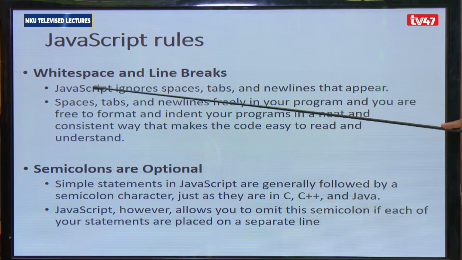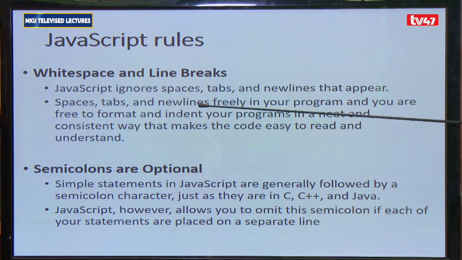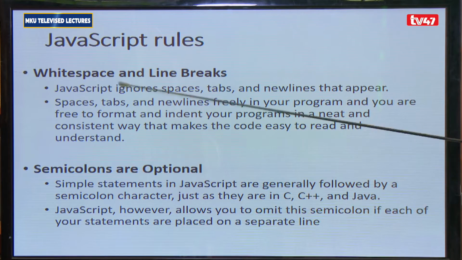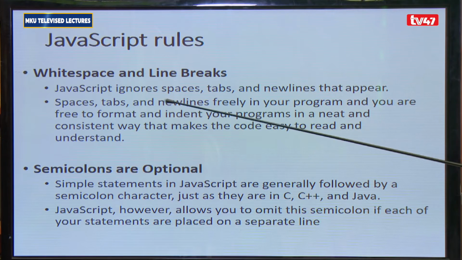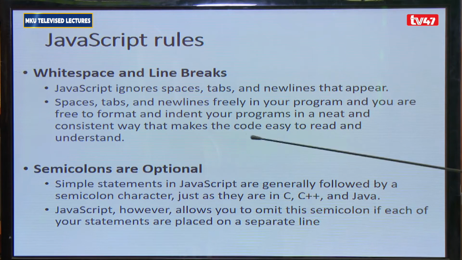JavaScript ignores any spaces, tabs, or new lines that appear in the code. You can use spaces, tabs, and new lines freely in your program so that you are able to format and indent your program in a neat and consistent way that makes the code easy to read and understand.